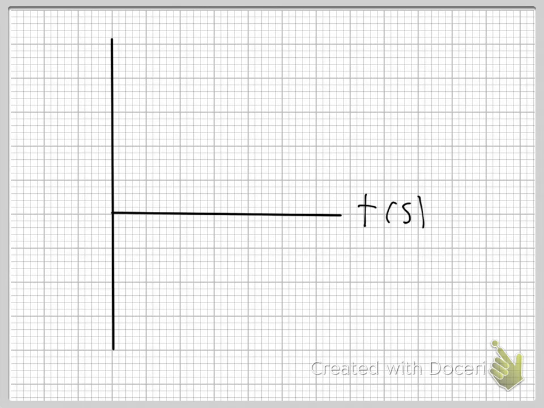And what about our y? What would our y look like? So the y one is definitely the most important one. One, 2, 3, 4, 5, 6. One, two, three.